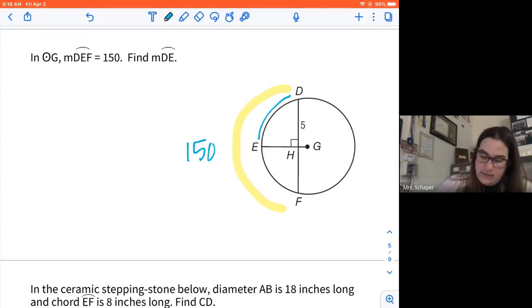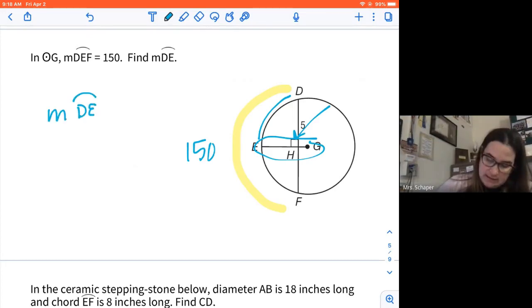Here we see that we've got a radius, and we see that it's perpendicular. So we can say that the measurement of arc DE is going to be half that amount, so 75 degrees.